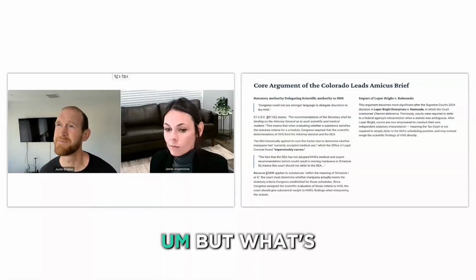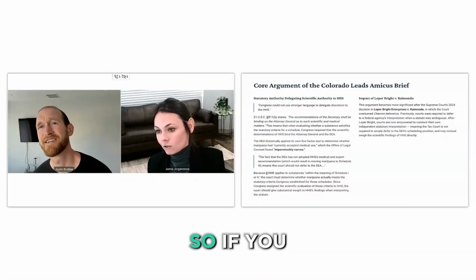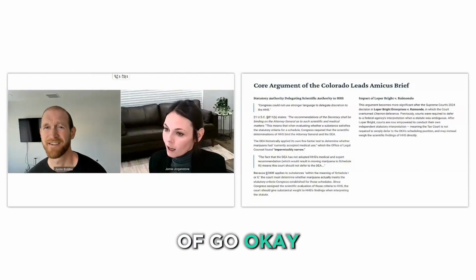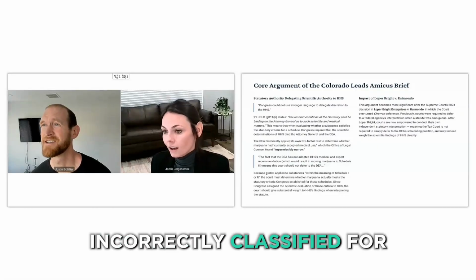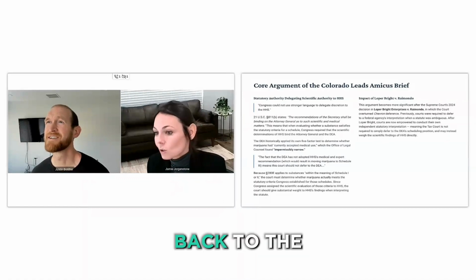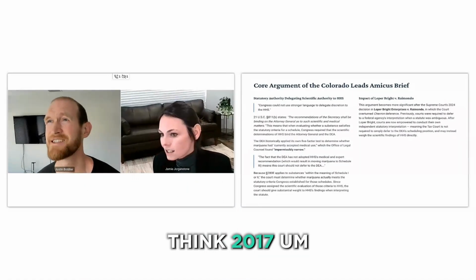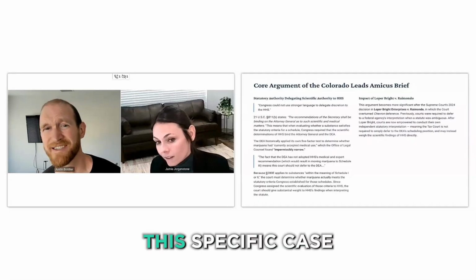But what's important is that impermissibly narrow test. If you look at that and the history, it's been incorrectly classified for a very long time, at least back to the last time they performed this test, which I think was 2017. So that is really important for this specific case.